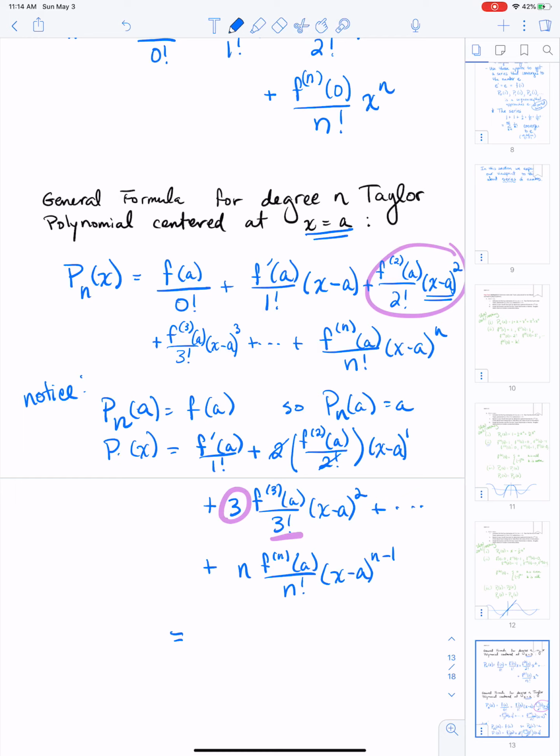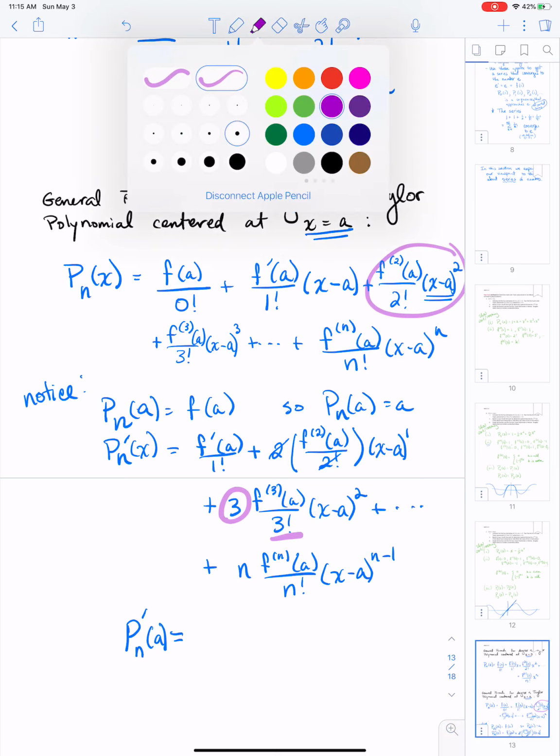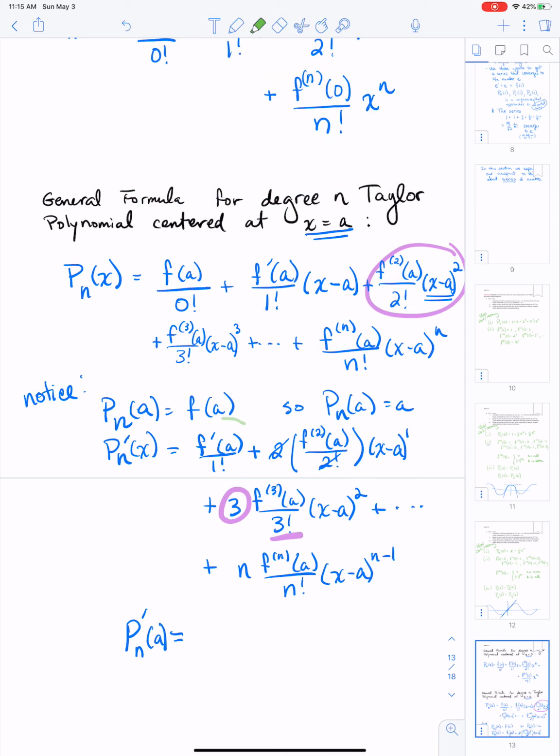Okay. If I differentiate Pn, that's what we were doing here, then notice that if I plug a into this derivative that we've calculated, the only term that survives is this first term here.